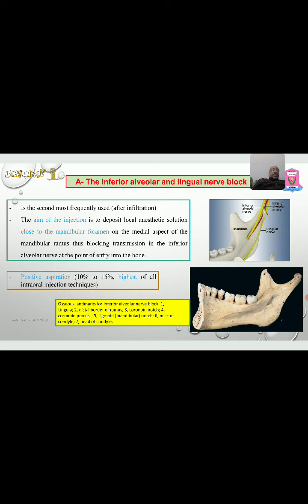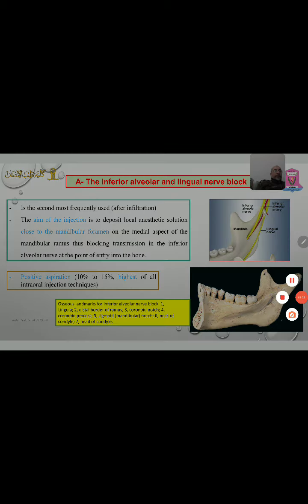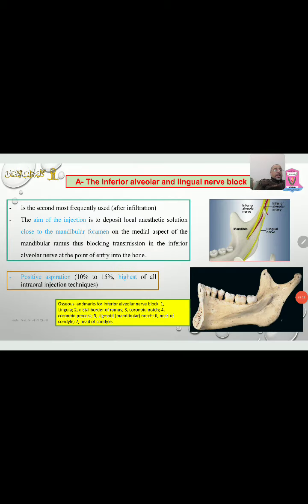The aim of injection is to deposit local anesthetic solution close to the mandibular foramen on the medial aspect of the mandibular ramus, thus blocking transmission in the inferior alveolar nerve at the point of entry into bone. So the aim is where I must deposit the injection: close to the mandibular foramen, in order to anesthetize the inferior alveolar nerve as it enters into the bone canal.